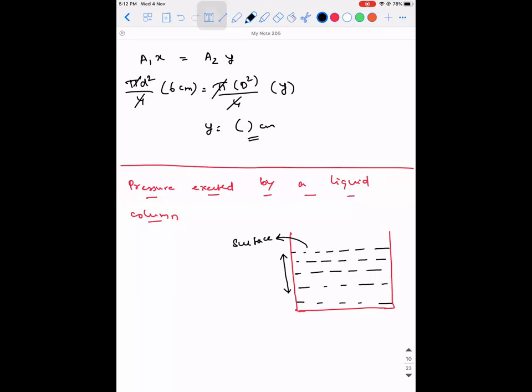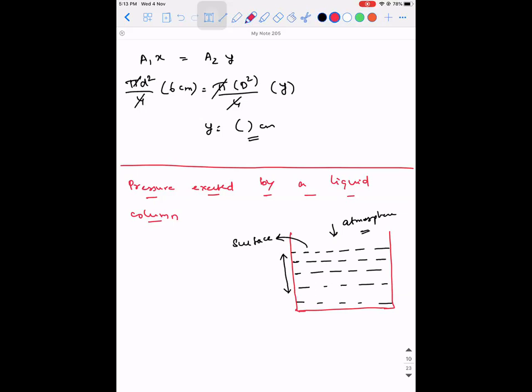If I ask you, what is the pressure experienced by the surface? Pressure is a force in the downward direction, right? So force per unit area. The pressure experienced by the surface will be due to the atmosphere on top of it. So it is going to experience atmospheric pressure, right?